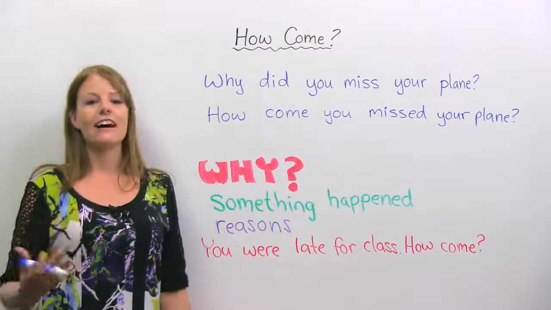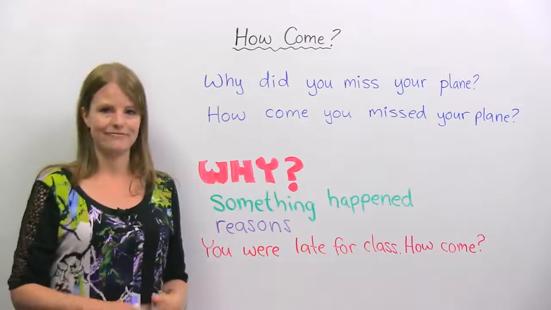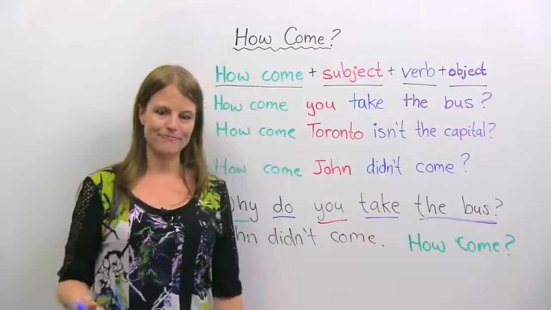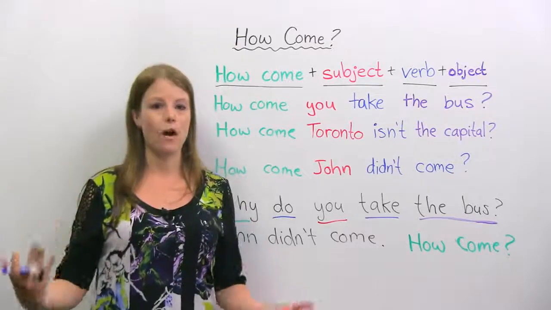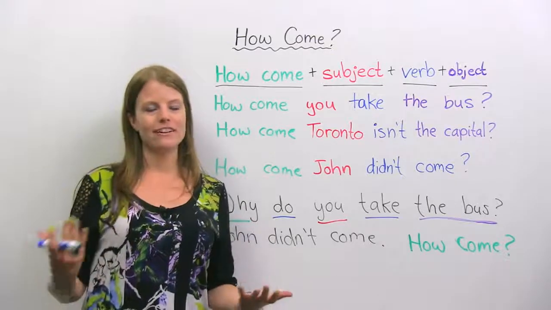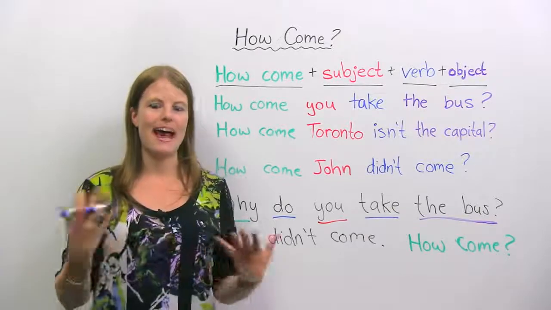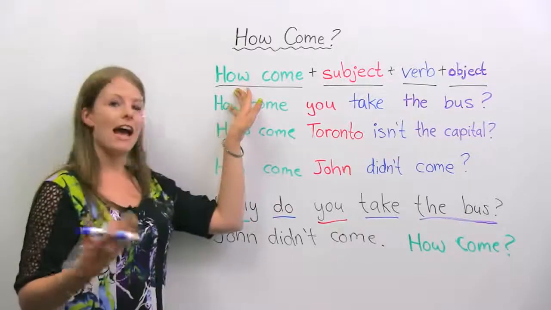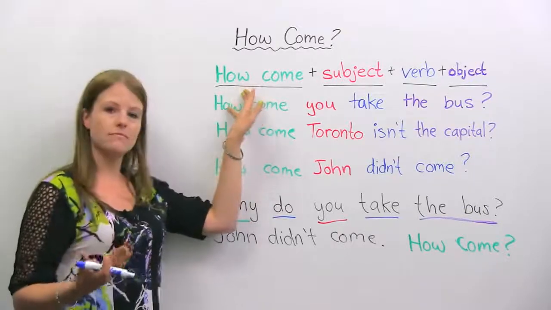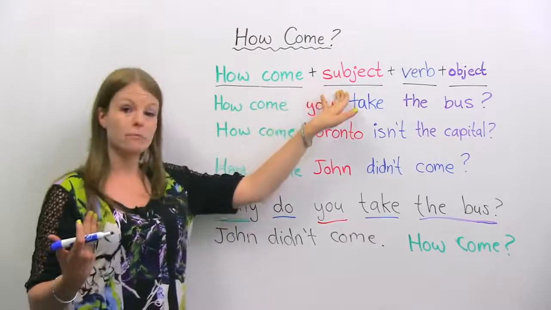So now let's look at the grammar of how come and how we can use it in a sentence. Again, how come is an informal way to say why, so we often use it in conversation. I have here how come, which is at the beginning, and then we have plus the subject.